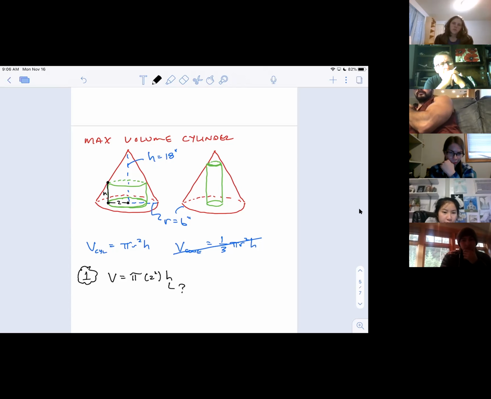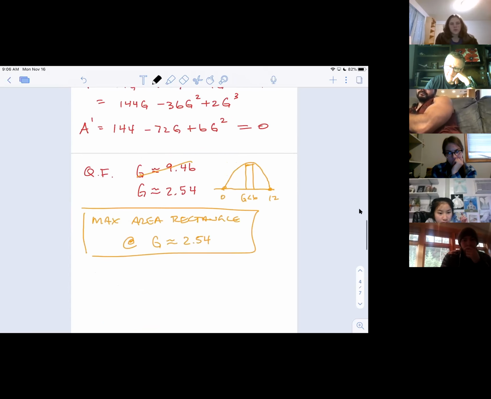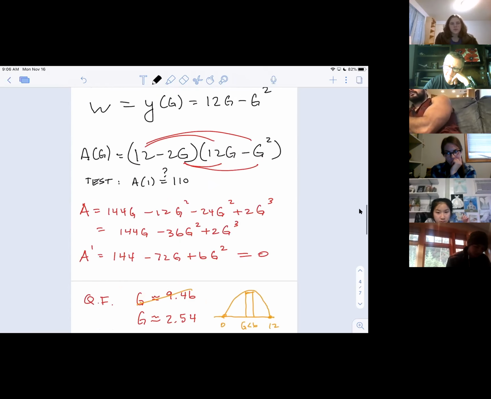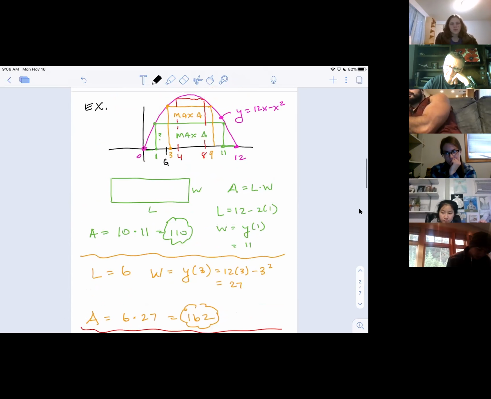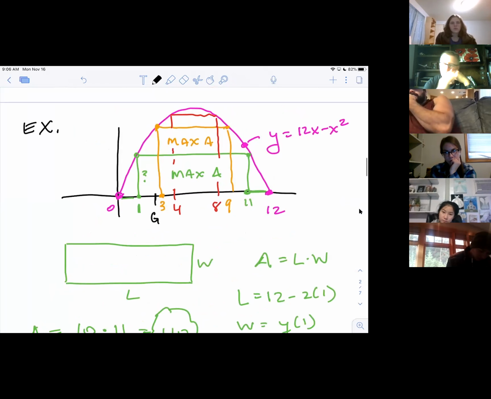Could you find the slope of the slanted line and then make an equation for that, and then just use the radius or lack thereof as the x, and then the height as the y? That would totally work. In other words, what Faith is saying is, back here we had this pink equation for that parabola, and that's what we used, right?